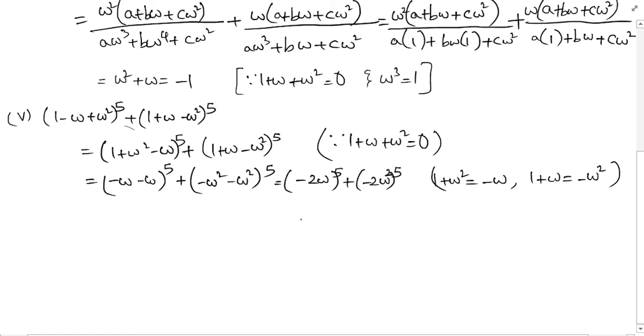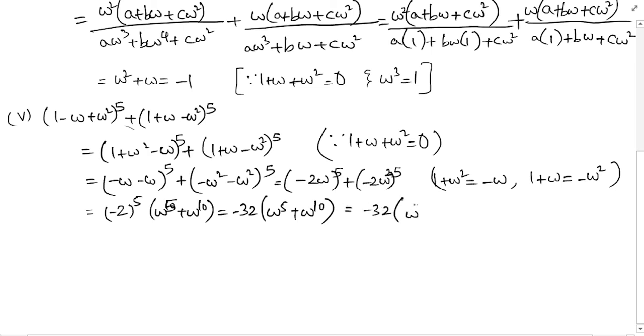So this will be equal to (minus 2) to the power 5 into (omega power 5 plus omega power 10), which is equal to minus 32 into (omega square plus omega), which is again equal to minus 32 into minus 1, which is equal to 32. So 32 is our answer.